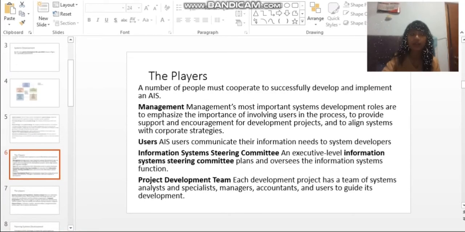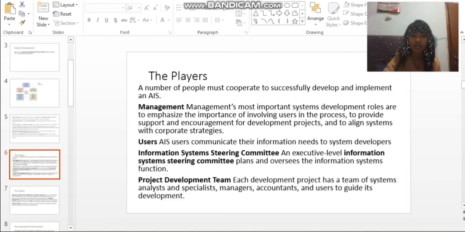The players. A number of people must cooperate to successfully develop and implement an AIS. Management. Management's most important system development roles are to emphasize the importance of involving users in the process, to provide support and encouragement for development projects, and to align the system with corporate strategies.